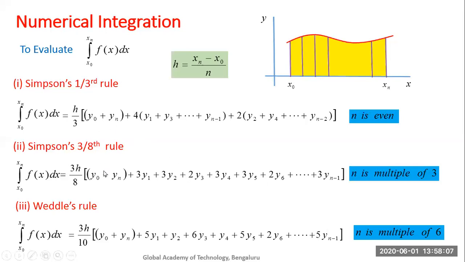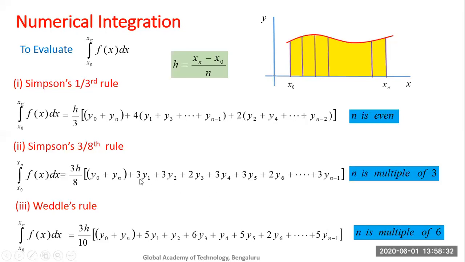So if you observe all the three formulas, we have h by 3 for 1/3 rule, 3h by 8 for 3/8 rule, 3h by 10 for Weddle's rule. And in every formula we have the first term y0 plus yn. For 1/3 rule, we have 4 times the sum of all the values of y with odd suffixes plus 2 times all the values of y with even suffixes.